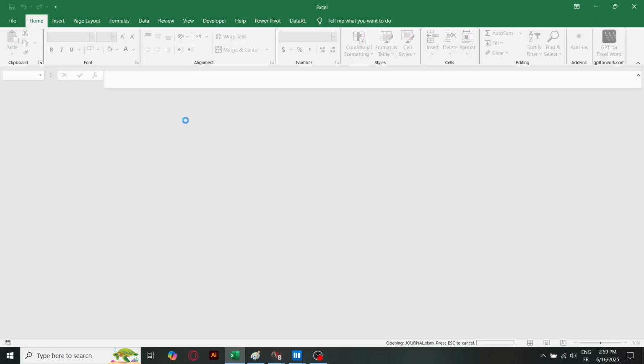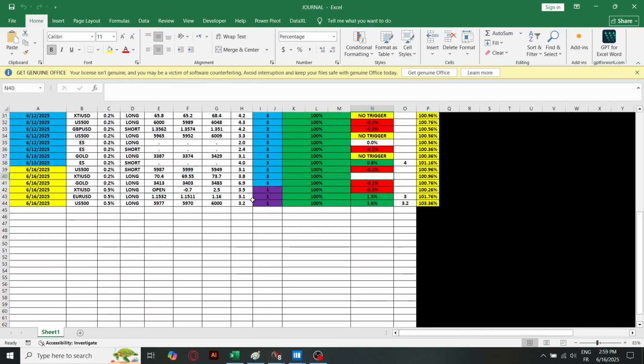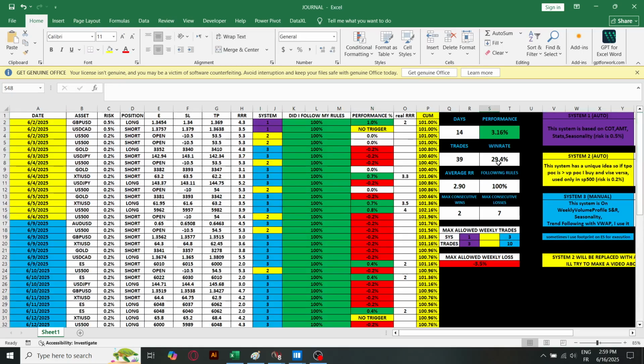I had the loss at the crude oil right now. You can see that I don't have a high win rate. My win rate is 29.4. Can you go with 29.4? Most of you won't, but I'm still doing good. So 14 days, 3%.